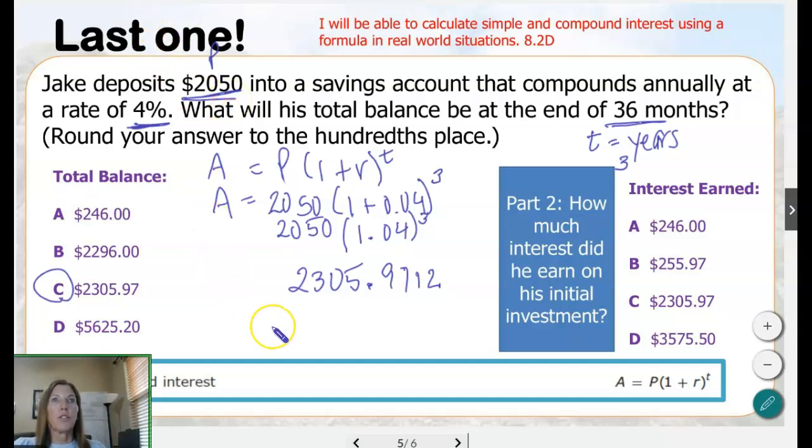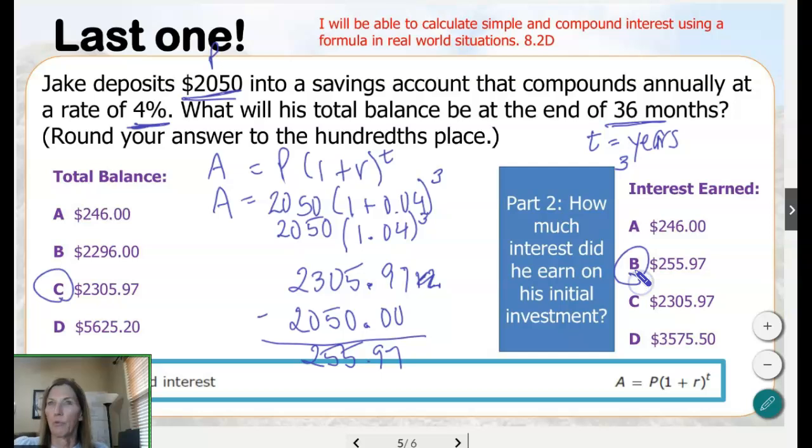So if he started with 2,050, we're going to end up subtracting his initial deposit from the 2,305.97. Go ahead and put that into your calculator now. So just subtract 2050 and it comes out to $255.97. So that's how you calculate the interest. You subtract out the original deposit or the principal.